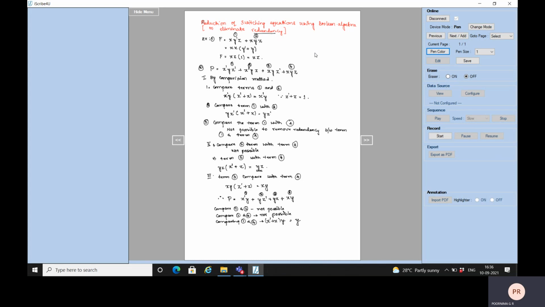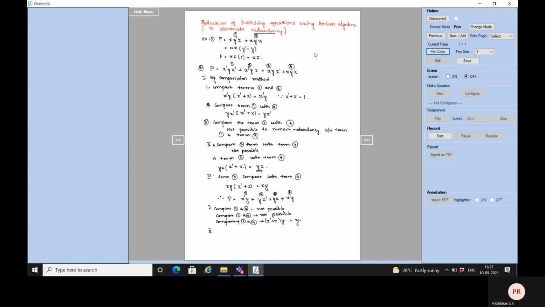So the first term has been compared with the last term. After all comparisons in the first stage, we see y as the output. In the second stage of the comparison method, again take the second term and compare it with the third term.